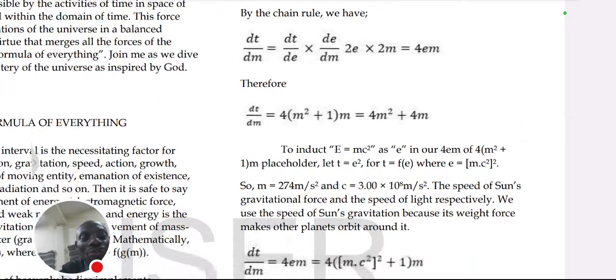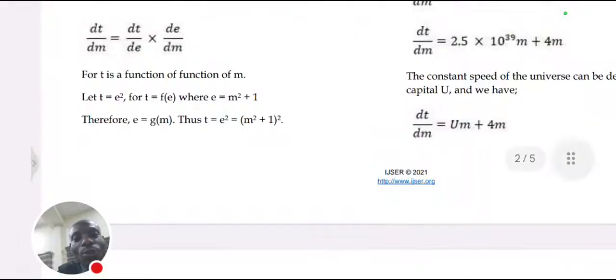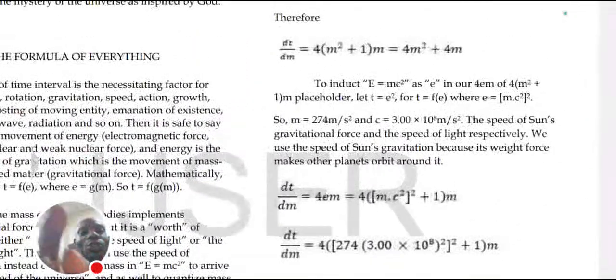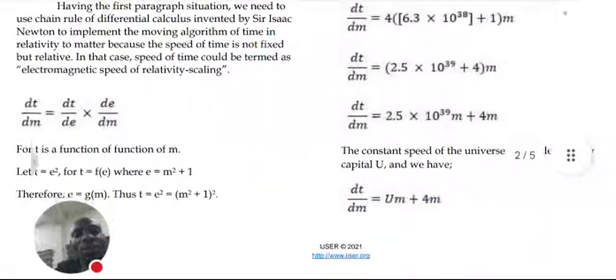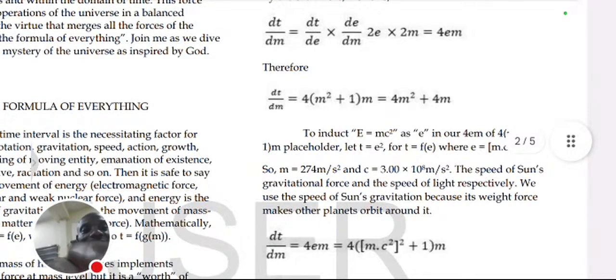So therefore, by the time we're to implement what we have here, where E equals m squared plus 1, we can just substitute this value for E, and having this, we then have 4m squared plus 4m.